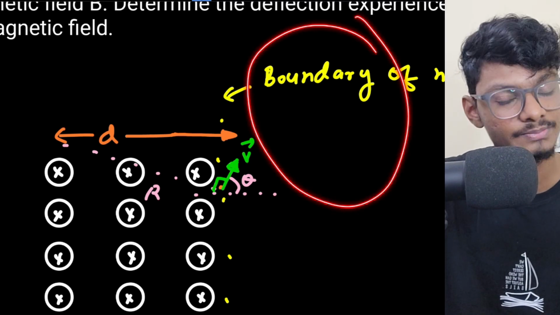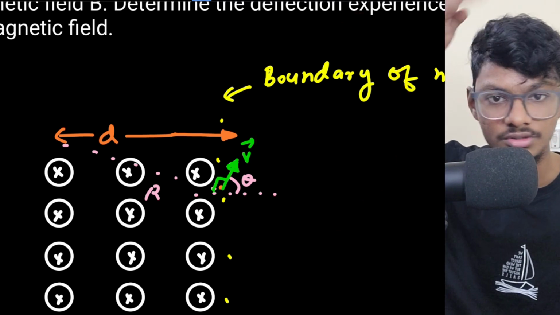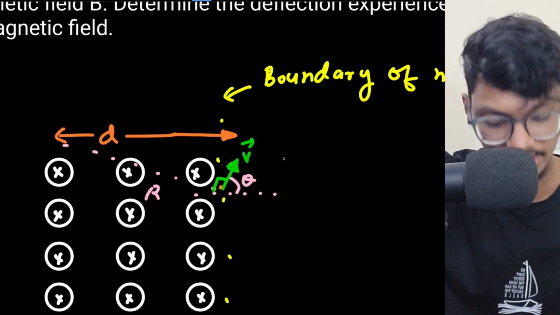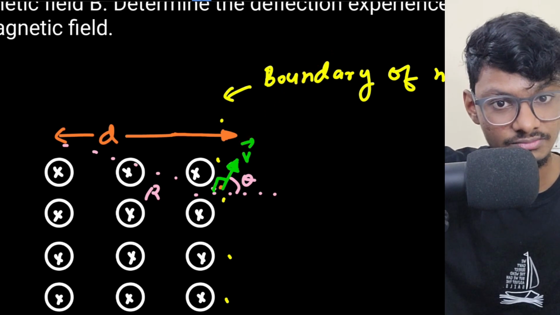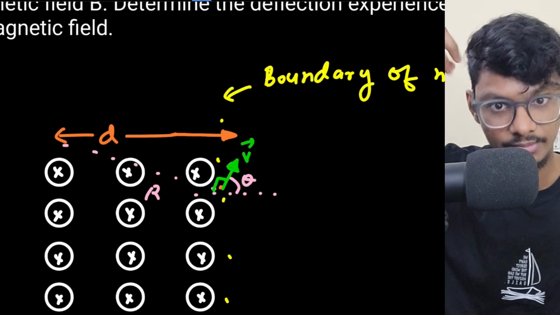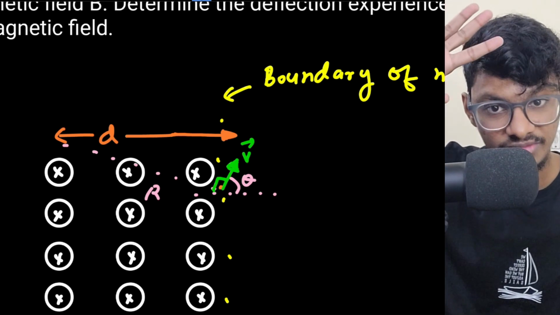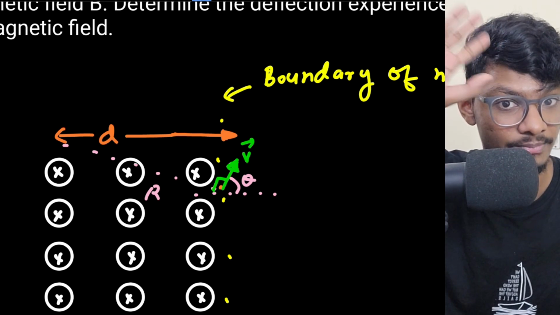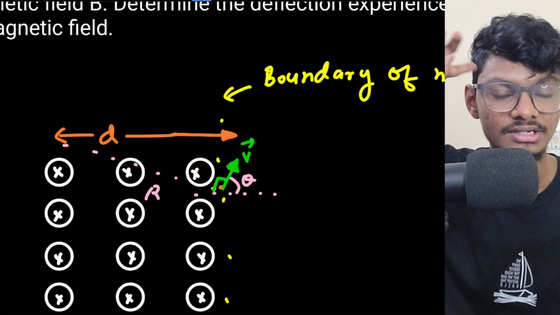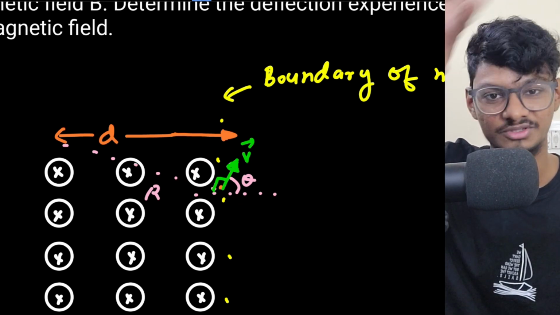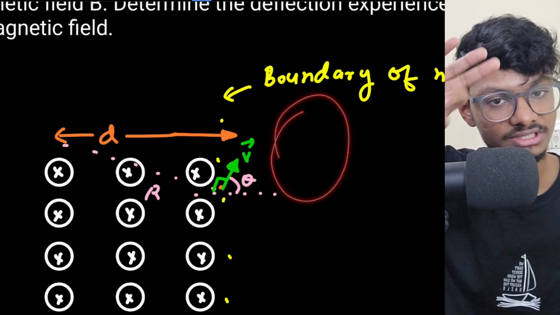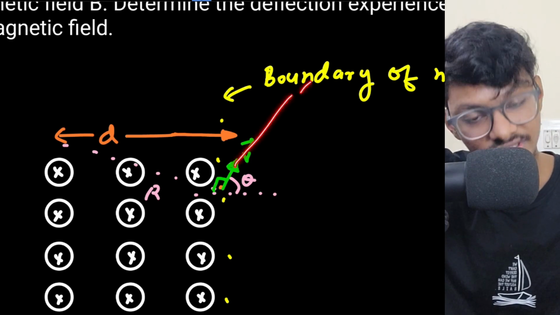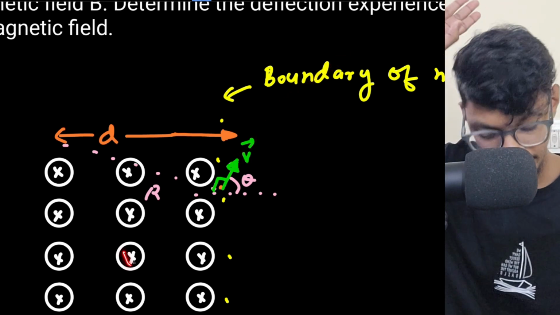As no magnetic field is present, the particle won't change its velocity or direction, and no force will act. According to Newton's law, a particle remains in the same motion as it was previously if no external force is applied. Sorry, this is not Newton's third law, I think it was Newton's first law. So if no external force is applied, the particle will move in the same trajectory as previously.